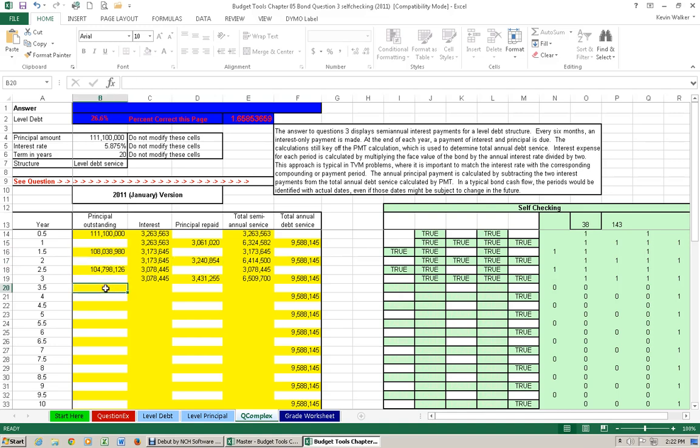To get this number, you're going to subtract this from this number. Think of it that way as you're filling it out. The principal outstanding minus the principal you repaid gives you the new principal outstanding. Kind of do it in your head like that, and a lot of these it's just a lot easier to see what's going on. All right?